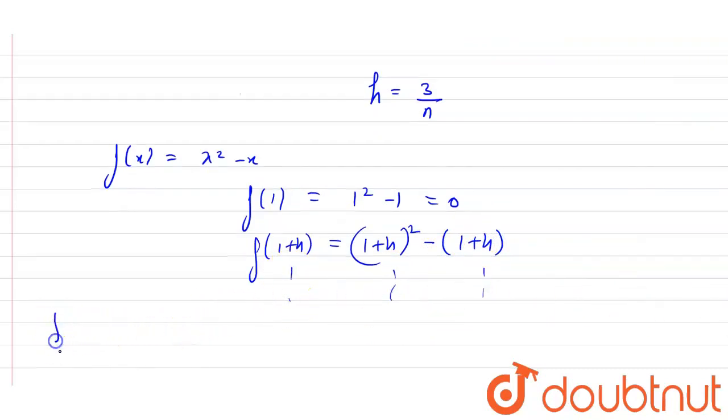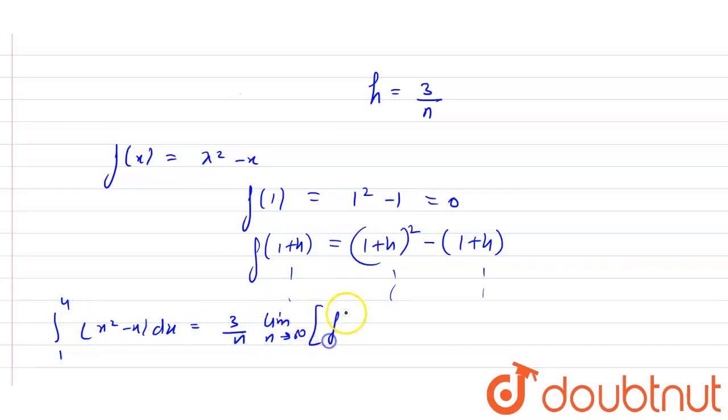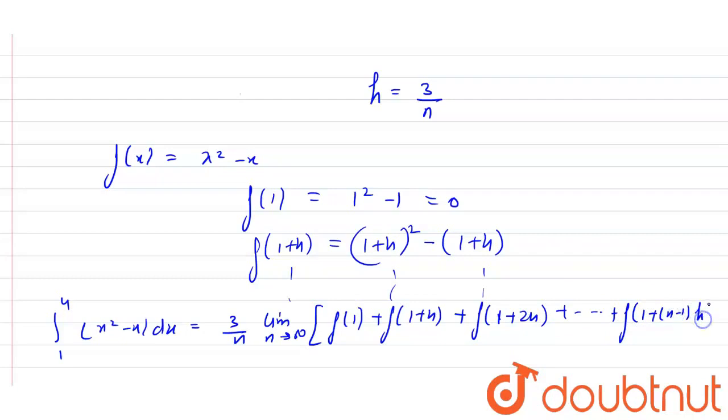So we can write our integration from 1 to 4 of x square minus x dx is equal to 3 by n, limit n tends to infinity, f of 1 plus f of 1 plus h plus f of 1 plus 2h plus up to f of 1 plus n minus 1 into h.